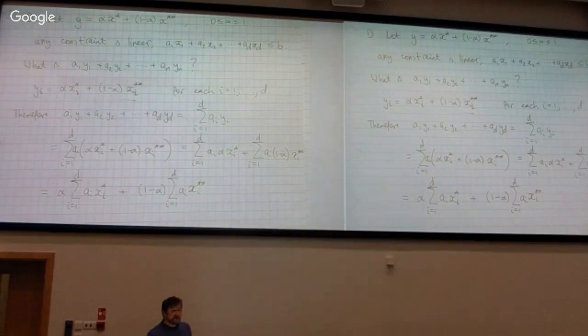You still with me? That's just a manipulation. So now, what's going on here? This is the left-hand side of the constraint when you plug in x star. And this sum is the left-hand side of the constraint when you plug in x double star. Now, because these starred things are optimal solutions, in particular they have to satisfy the constraint.